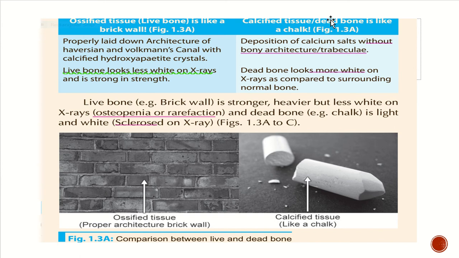In calcified or dead tissue, there is deposition of calcium but without architecture or trabeculae. On X-ray, live bone looks less white and dead bone looks more white. Chalk is more white, and ossified tissue is like brick, and architecture is maintained.